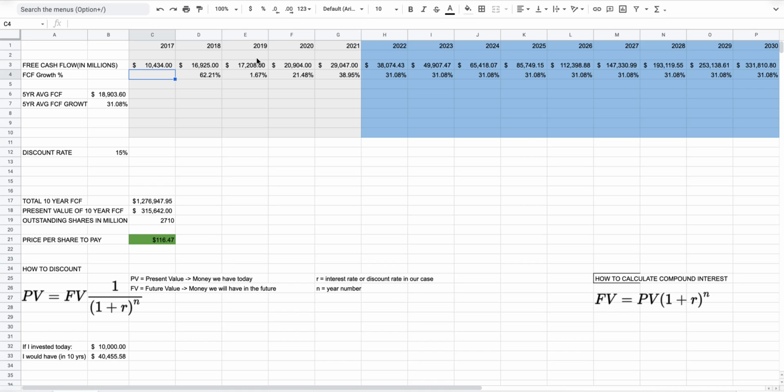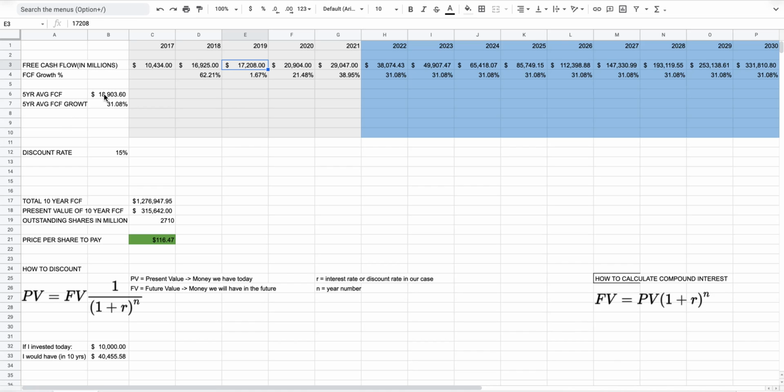I think it's convenient. And so you will see, for example, this one is a formula. It's calculating the free cash flow growth from year 2017 to 2018. Same with this one, calculating from 2018 to 2019. There was a 1.7% growth in free cash flow in this year.